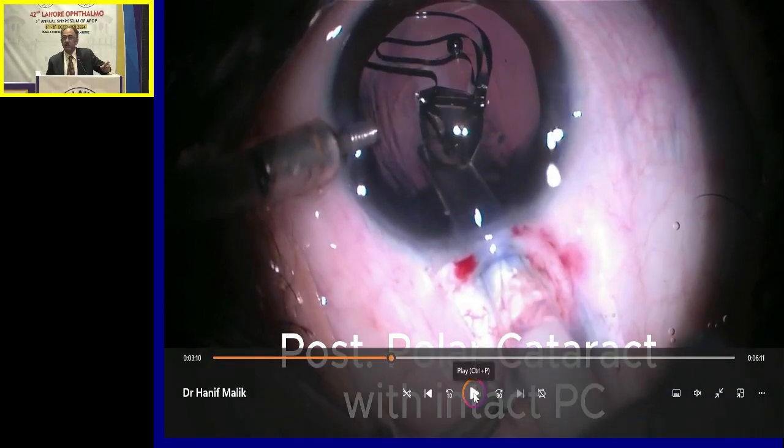When you are putting the IOL in such cases, the key, or the tip, is that you just put one haptic at 6 o'clock and leave the other haptic out.